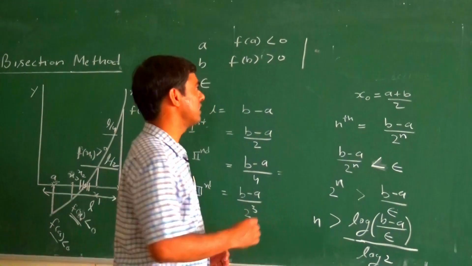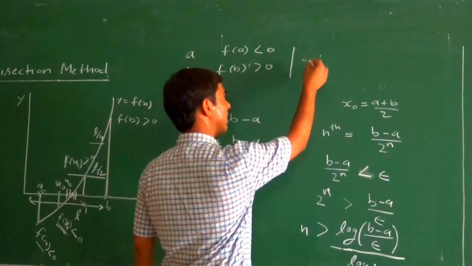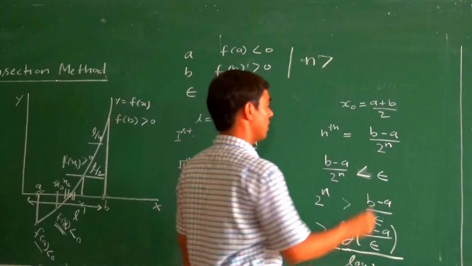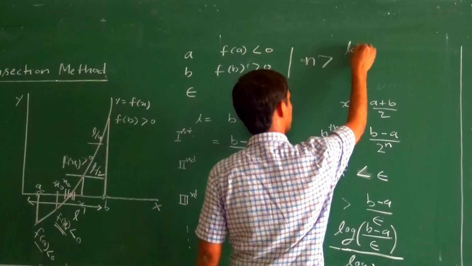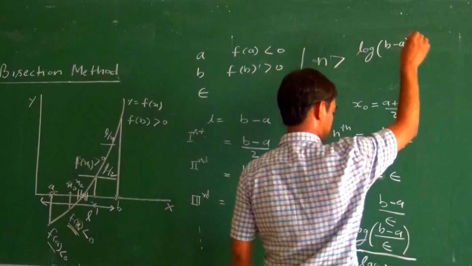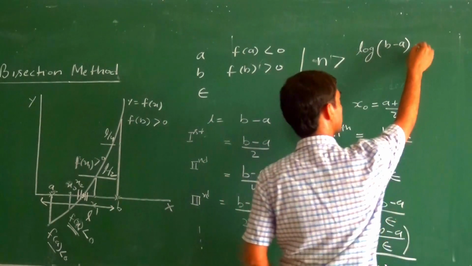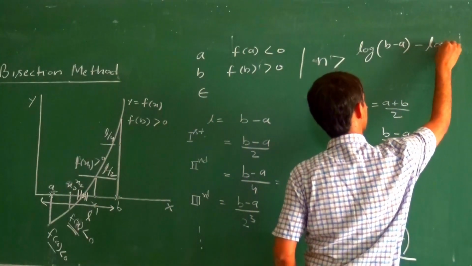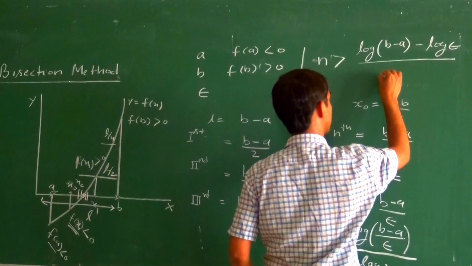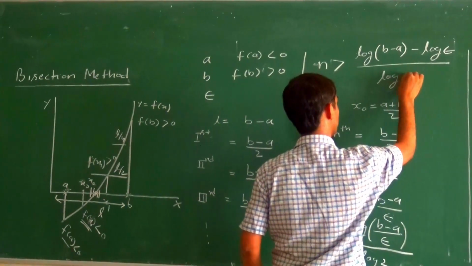You may also write this in a more simplified form. n is greater than log of (b minus a) minus log of EPS, using the property of log, divided by log 2.